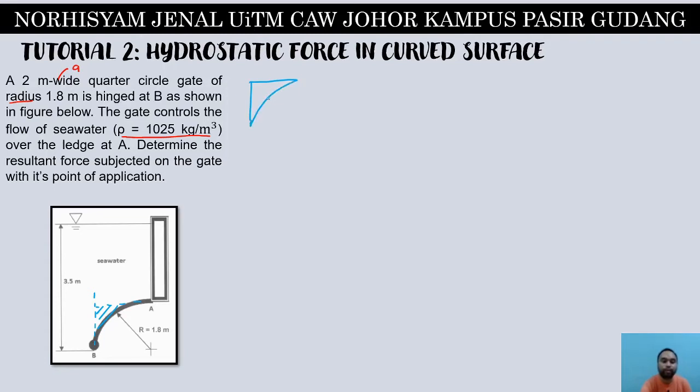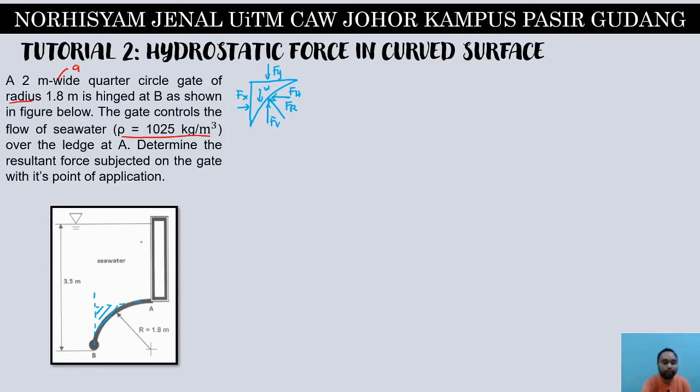It's no longer a quarter circle, so we just have FR acting on it. We have FV, and then we have FH, W, Fy, and Fx. So all 6 forces are acting here.